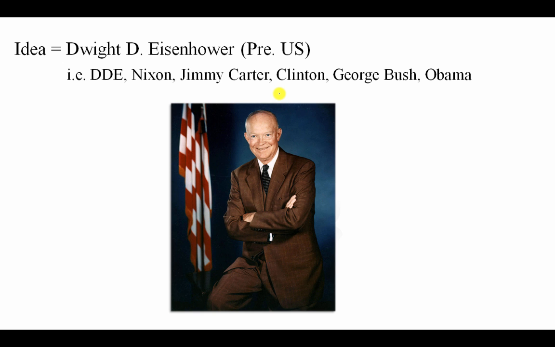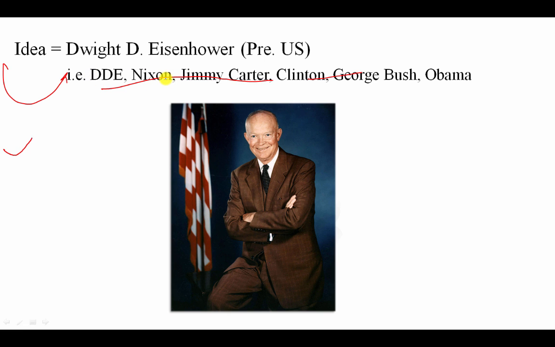The idea of the IAEA was of DDE, Dwight D. Eisenhower. He was a US president and the first US president who came to India. Nearly 6 US presidents have come to India.